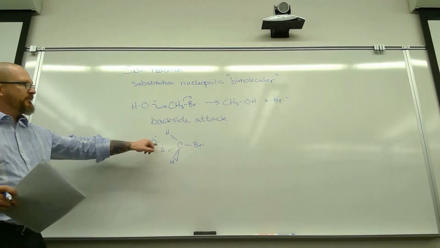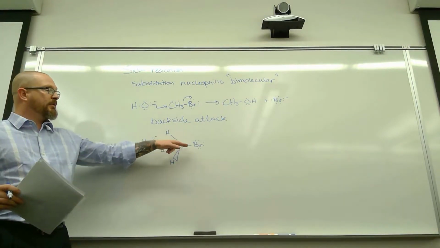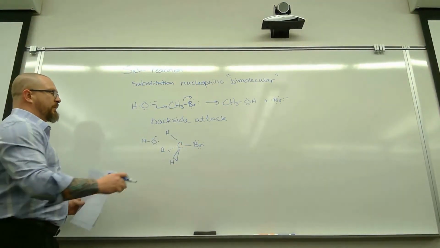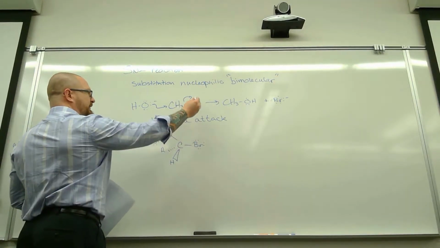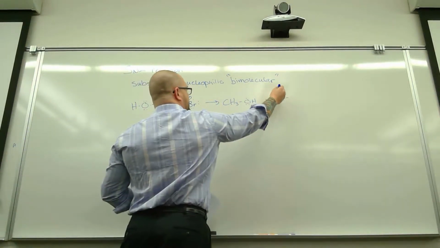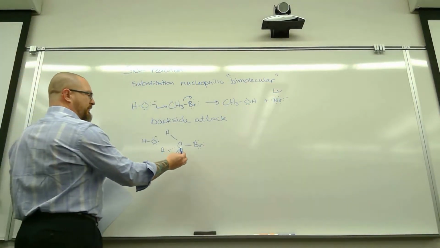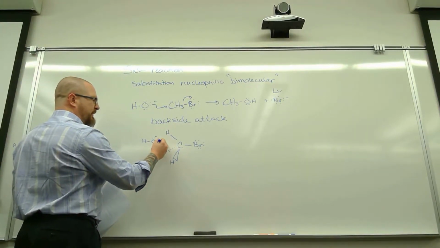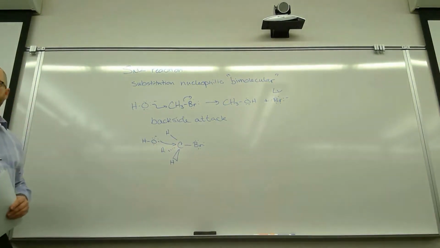This nucleophile has to approach directly behind, linearly, directly behind the carbon bond to the leaving group. Whenever we have something that gets kicked off as part of a reaction, like this bromine, or bromide now, that is your leaving group. So this pair of electrons attacks directly behind the carbon to leaving group bond.